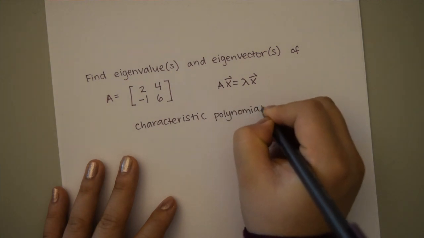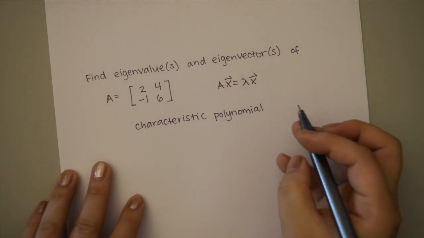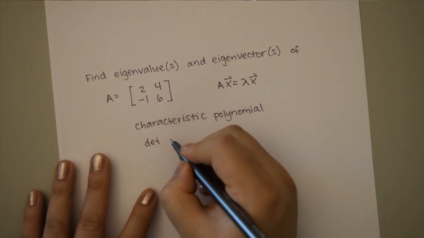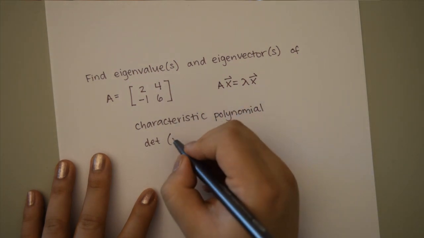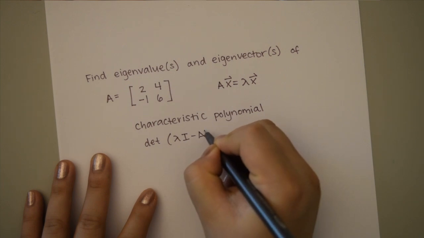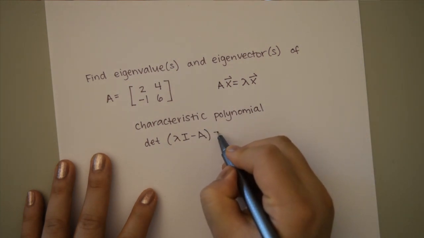And we'll get that by finding the determinant of lambda I minus A, and setting that equals 0.